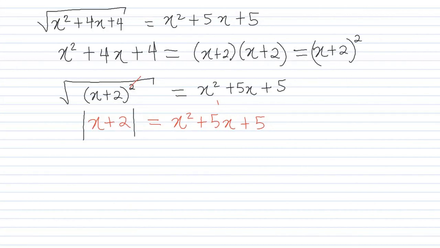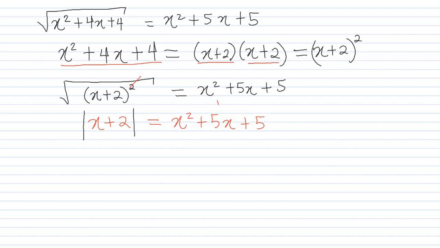Then I tried a different method, and as you can see on the screen, I rewrote the question: the square root of x squared plus 4x plus 4 equals x squared plus 5x. The next thing I did was to think about the question. X squared plus 4x plus 4 is the same thing as x plus 2 multiplied by x plus 2.